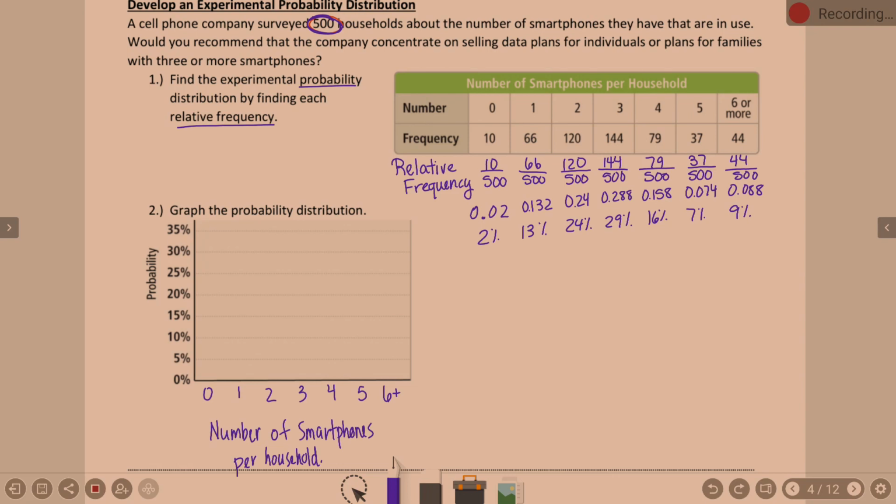Okay, so obviously these bars are going to be kind of estimates here. Zero phones was approximately what? 2%. Okay, I'm just doing bar graphs, so my bars aren't going to be touching. One phone was approximately 13%. Two phones was approximately 24%.